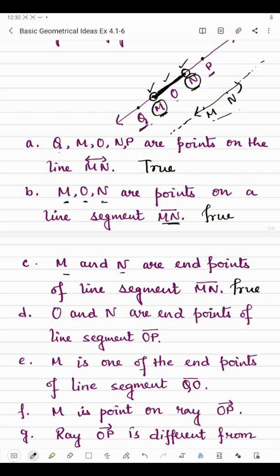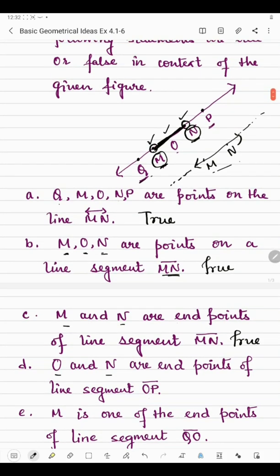Now in the next part we have O and N are endpoints of OP. Now if you see the line segment OP, from here to here is the line segment OP, right? In which O is the starting point and P is the ending point, means the two endpoints are O and P, it cannot be N, right?